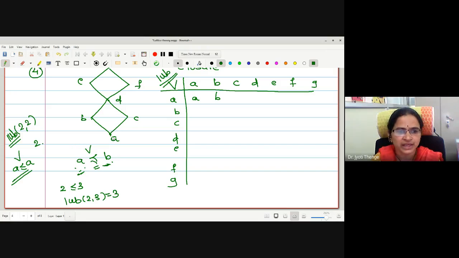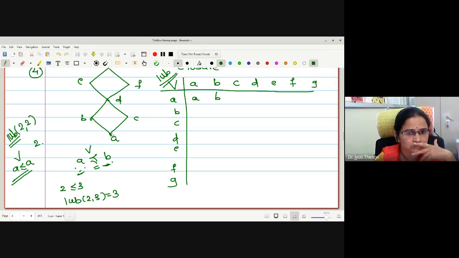Here A is a predecessor of B and B is a successor of A, so B will be the least upper bound among the two. I cannot say D is the least upper bound, because D is not the immediate successor of A; B is in between, and C is also in between.